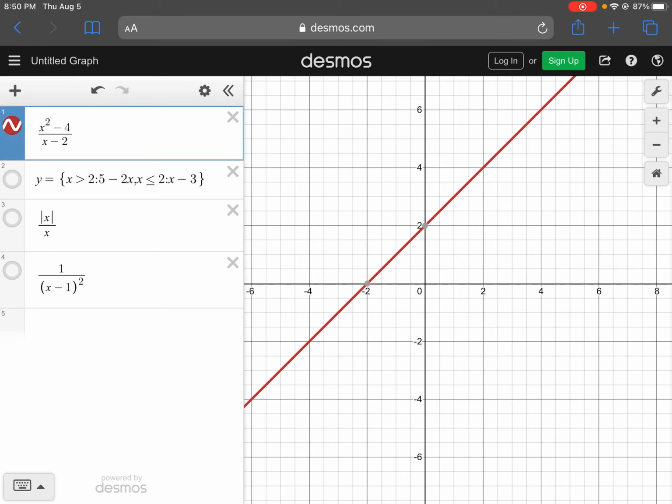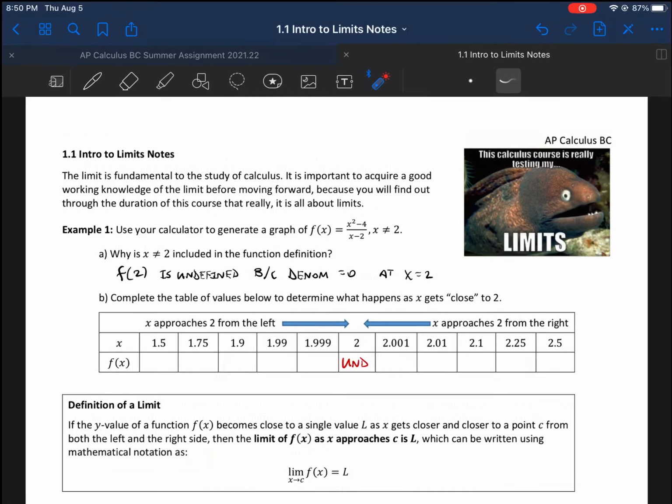Denominator 0, we can't have that. But let's see what's happening as we get really, really close to 2. As the x values approach 2 from the left, the y values are getting really, really close to 4. And as the x values approach 2 from the right side, the y values are also getting really, really close to 4. Let's see that in the form of a table here.